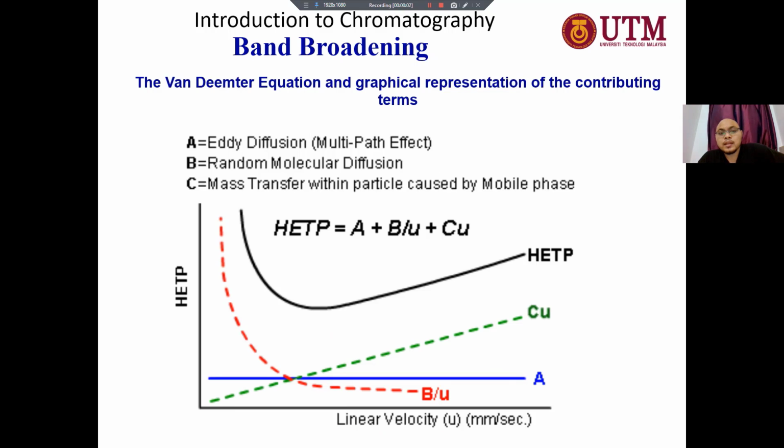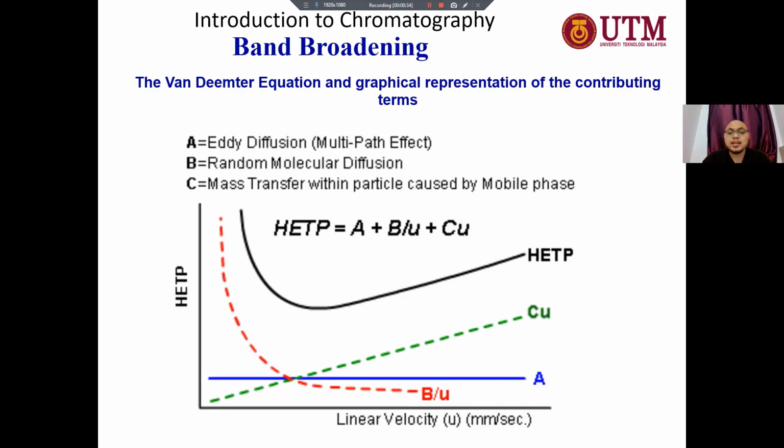Okay, now let's look at the Van Deemter equation and its graphical representation. This graph is HETP versus linear velocity. HETP is the plate height of the column, related to plate number. Linear velocity shows the flow rate of the mobile phase.